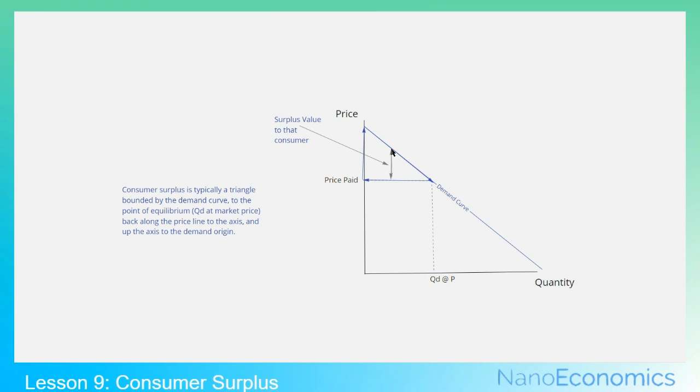So they've got the $100 in their pocket, they only paid $80, and therefore they take a surplus value of $20 away.